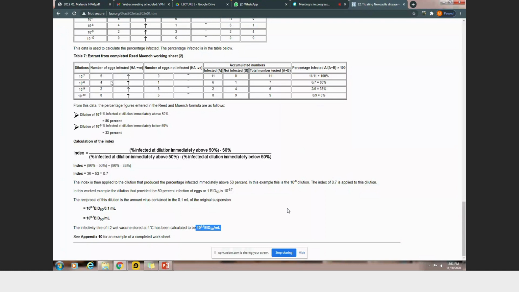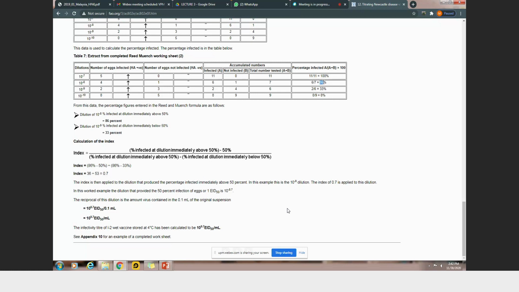So we choose the nearest to the 50. For the index, you take between 50%. For the dilution, you take above 50%. Okay, I understand.